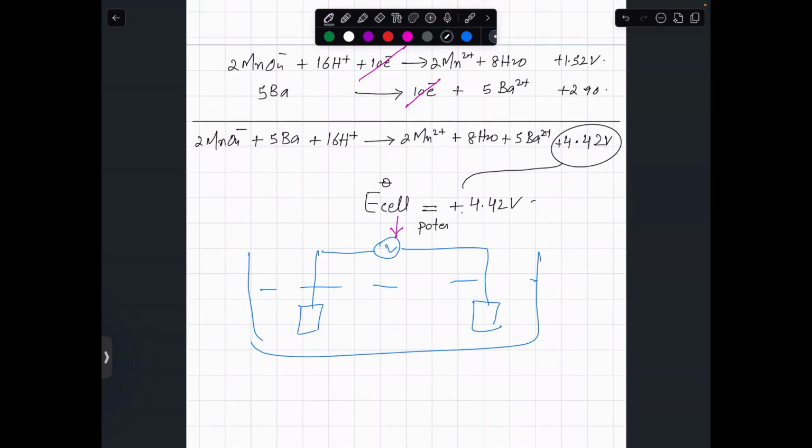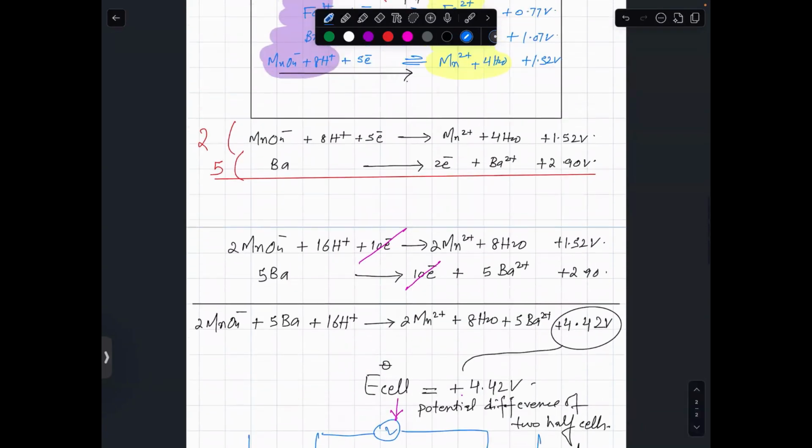Potential difference of two half cells under standard condition. Under standard condition.